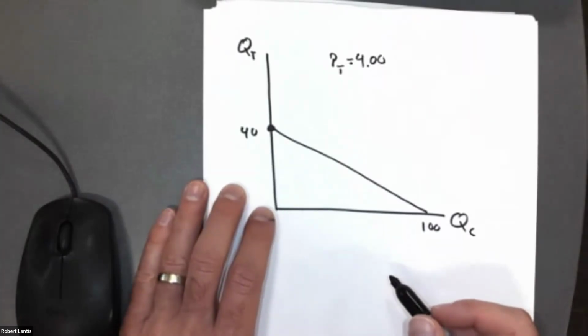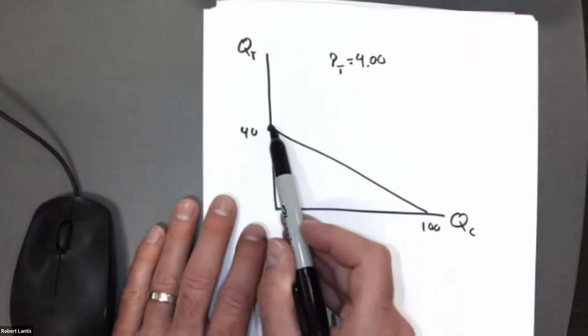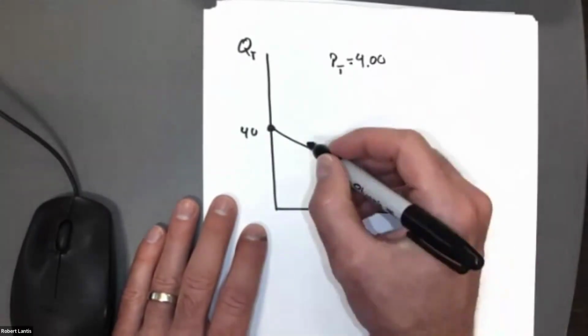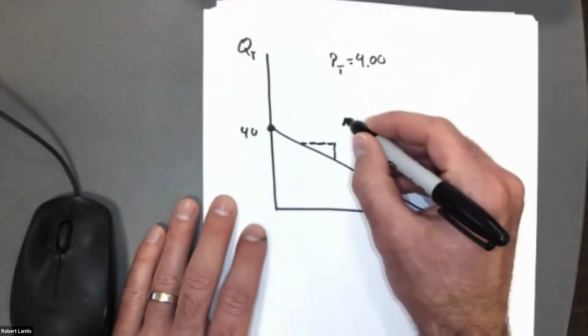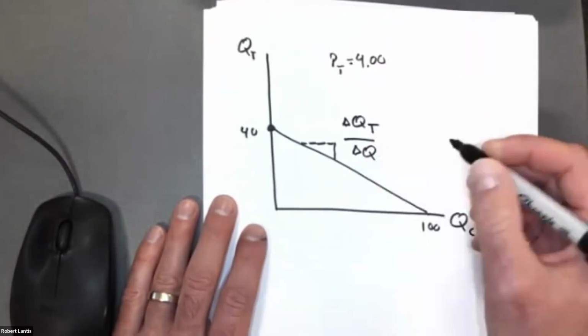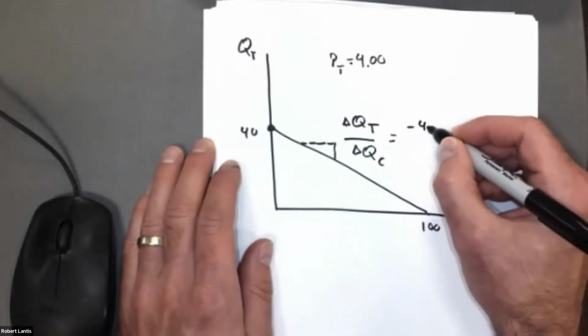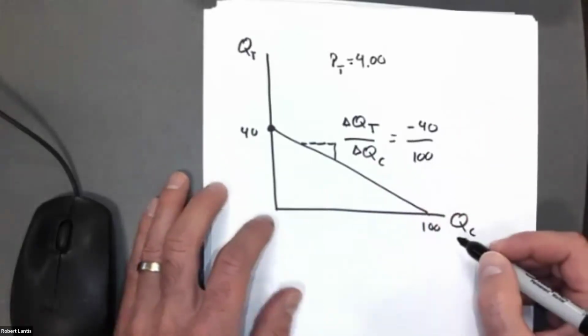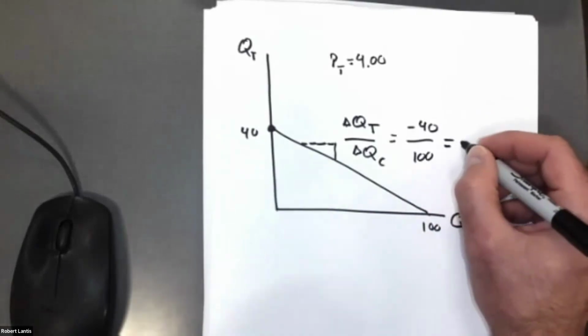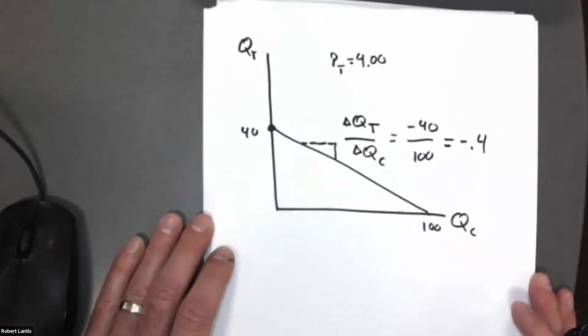Well, if I'm going from this quantity to this quantity, so I want to find the slope, that would be the change in the quantity of my y good over the change in the quantity of my x good. So the y good is going down by 40, x good is going up by 100, right? So this would be what? Negative 0.4, if I'm doing math in my head correct.